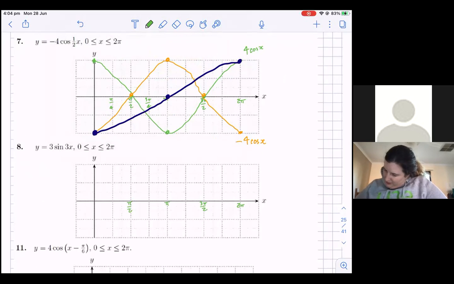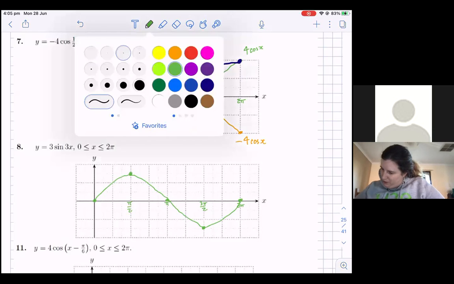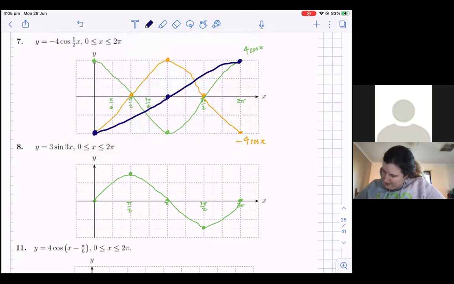So normally sine 1, 2, 3 would hit those marks. But this time it's happening 3 times as often.